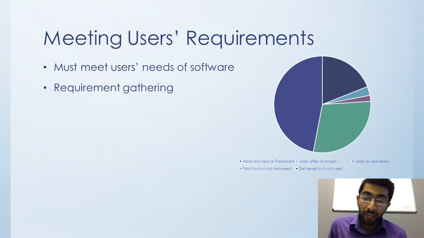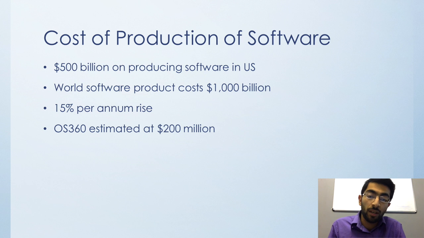Let's have a look at this a bit more in depth, but let's first go into the cost element of this. So as an example of cost, let's first get some idea of the scale of software costs in the world. In America at the moment, it is estimated that $500 billion is spent each year on the production of software.